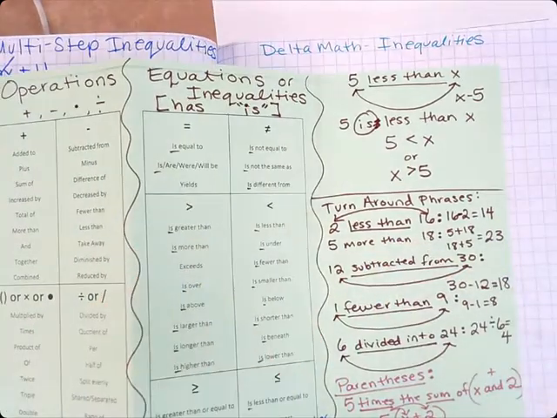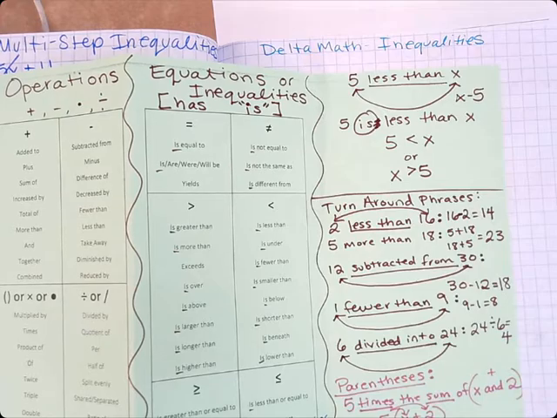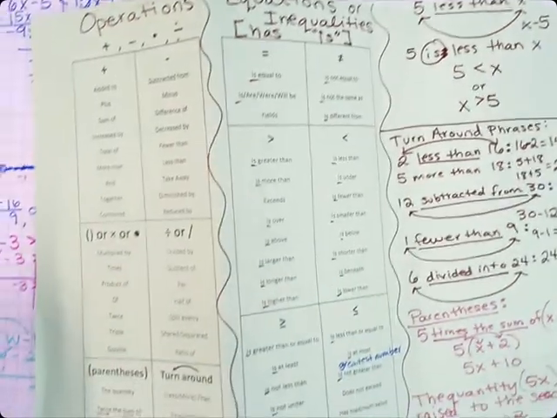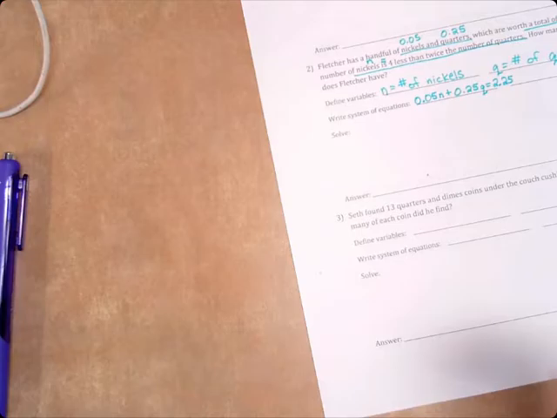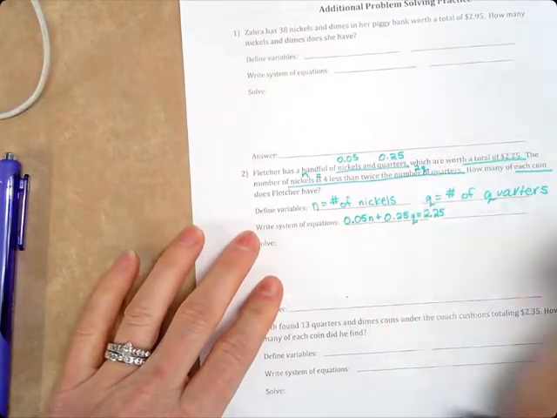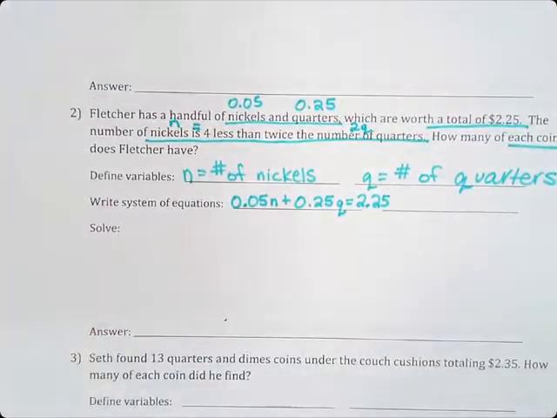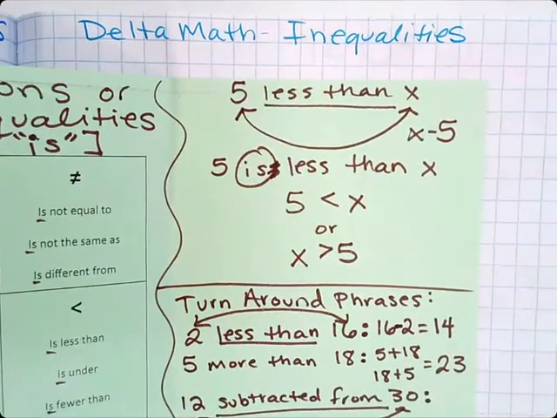And it says 4 less than twice the number of quarters. So we know twice means multiply, right? So we can go ahead and put twice as 2 times the quarters, so 2Q. But it says 4 less than that. So y'all remember the turnaround words? Turnaround phrases?